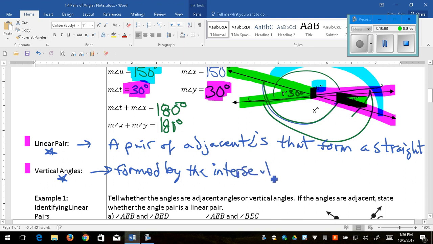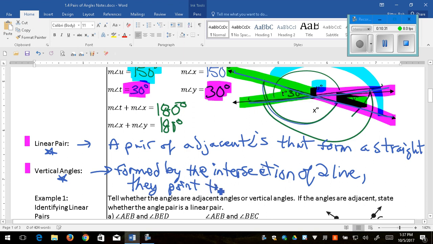And sometimes there's other lines that are intersected with them. So we have to be careful and look for the ones that are congruent, looking only at the two lines, even though there could be more lines in the picture. Formed by the intersection of two lines, they're the angles that point to each other. And there is a theorem that says that they will always be congruent, and we'll be proving that later.